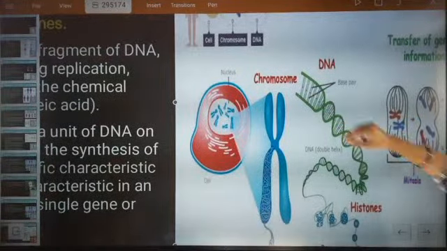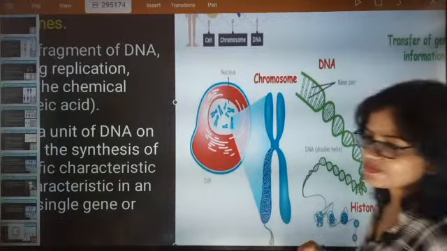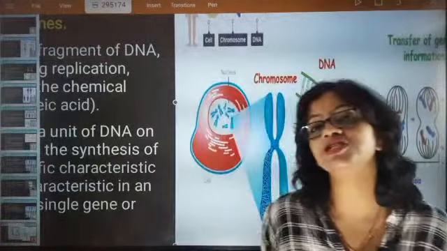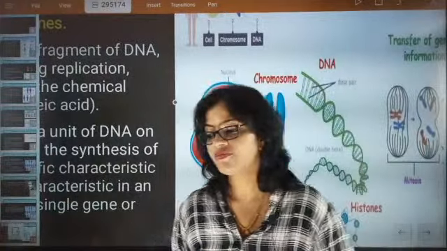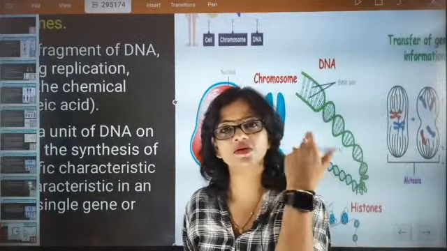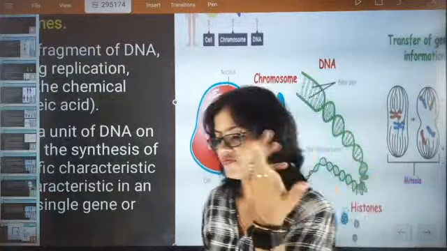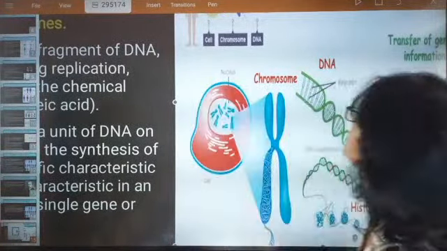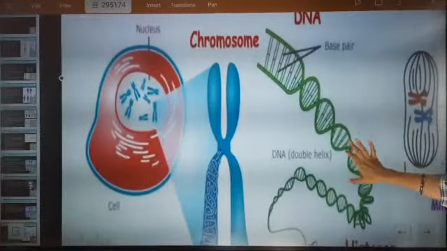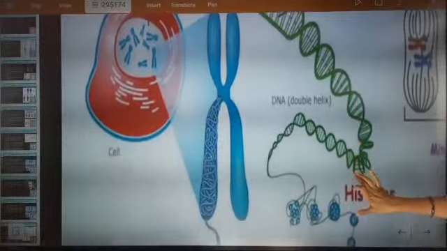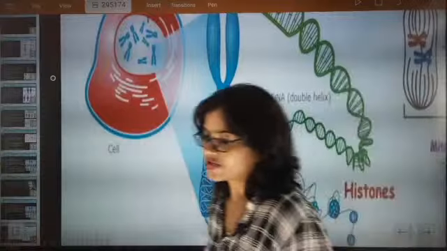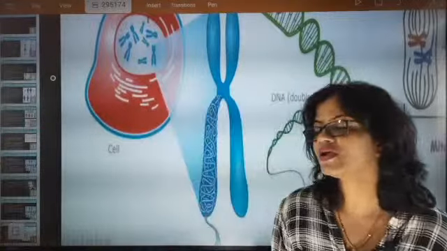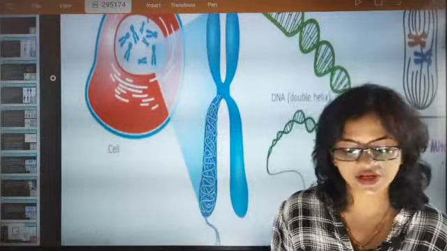These base pairs are exactly multiple genes, multiple characters, and from those multiple characters only some characters are picked up. So if somebody asks you, you can say that it is one small fragment of DNA.